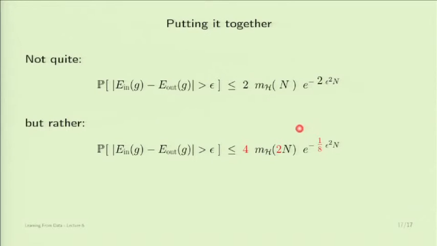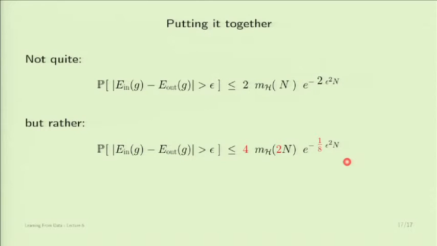And you can be finicky and try to improve this constant a lot, but the basic message is that here is a statement that holds true for any hypothesis set that has a breakpoint, and this fellow is polynomial in n, with the order of the polynomial decided by the breakpoint, and you will eventually learn.